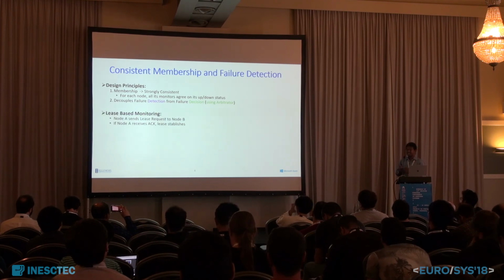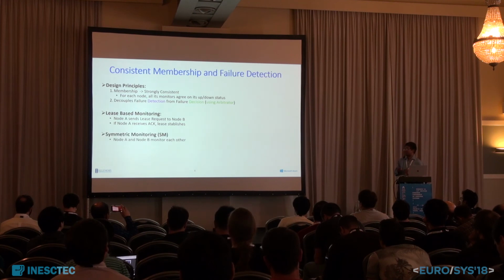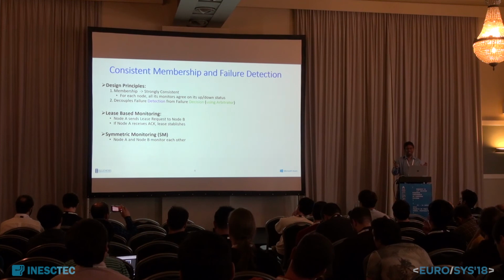Here, we are using lease-based monitoring, where given two nodes, node A and node B, if node A sends a lease request to node B, and node A receives the corresponding acknowledgement, then node B considers this lease as granted. But instead of one-way lease monitoring, here we are using symmetric monitoring, where both nodes A and B maintain the lease simultaneously and independently.